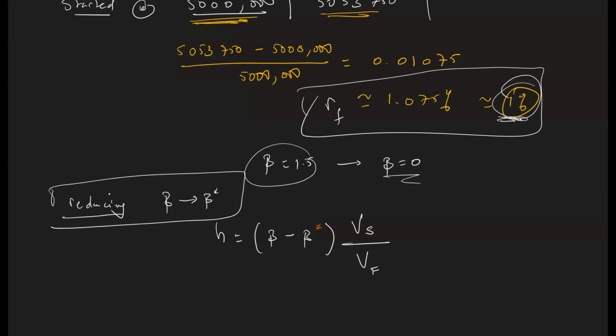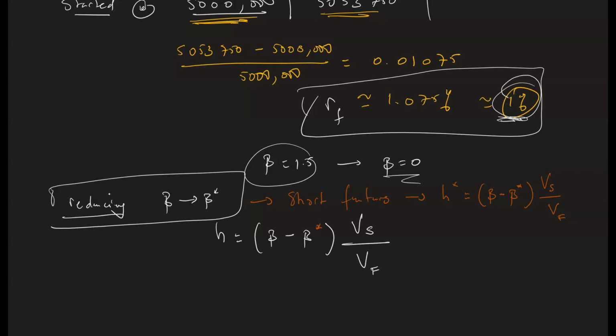To reduce the beta of the portfolio, you're going to take short futures with a hedge ratio that's equal to the beta that you have minus the beta that you want, multiplied by the value of your portfolio divided by the value of the futures contract.